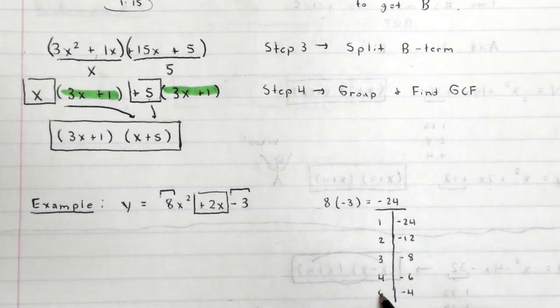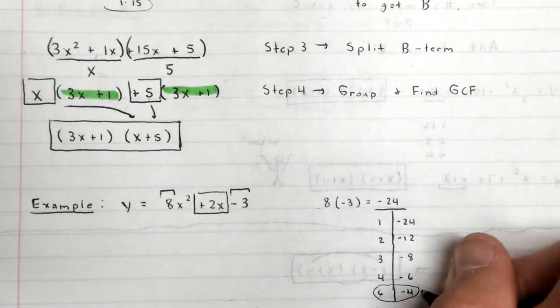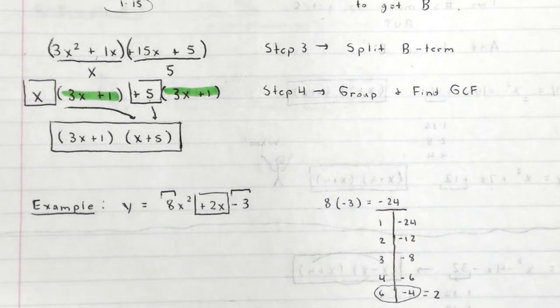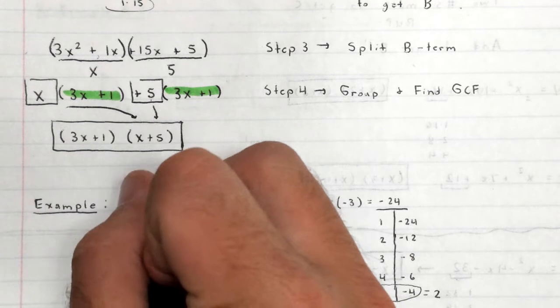Oh, wait, 6 and negative 4. If I combine those, I'm going to get 2. I'm going to be great. So here's my pairs. Shout out to all my pairs.